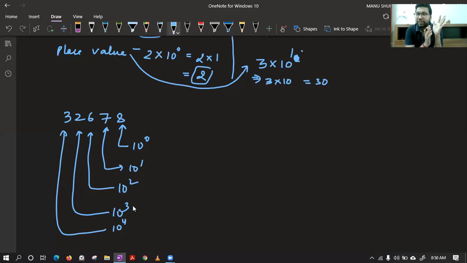And if you remember, Smriddhi, I have told you the same concept for binary number system also. In that case, we had 2 power 0, 2 power 1, 2 power 2, 2 power 3. Similarly, we had for octal number system 8 power 0, 8 power 1, 8 power 2. Yes, if power is 0, it becomes 1.